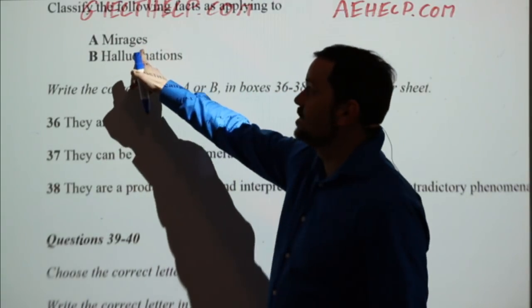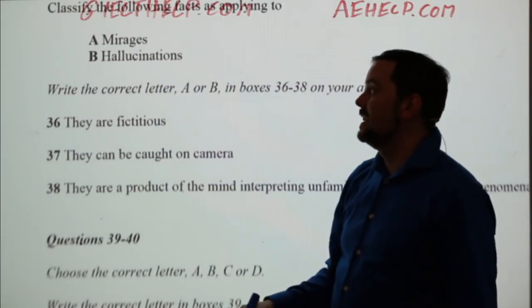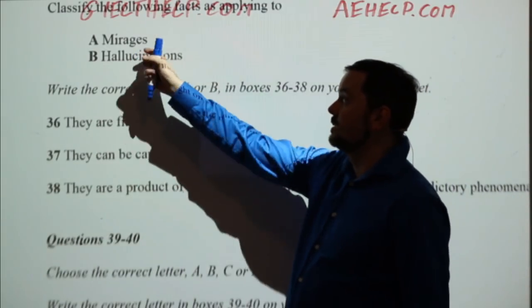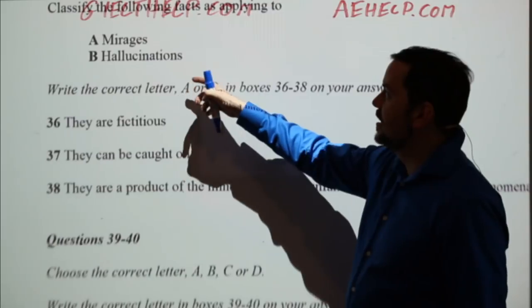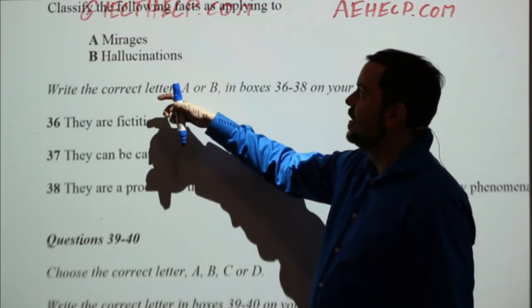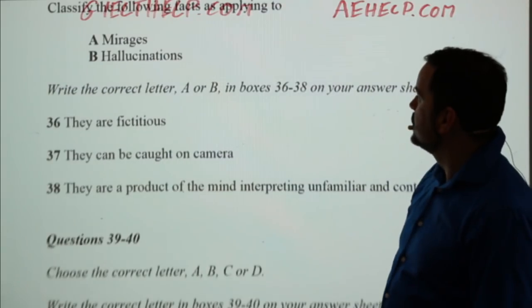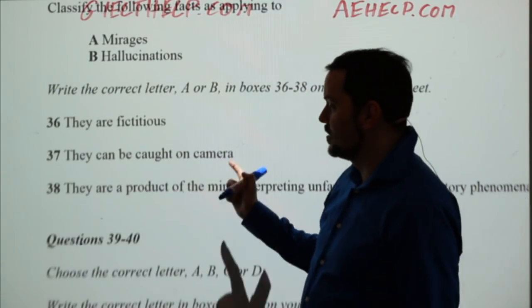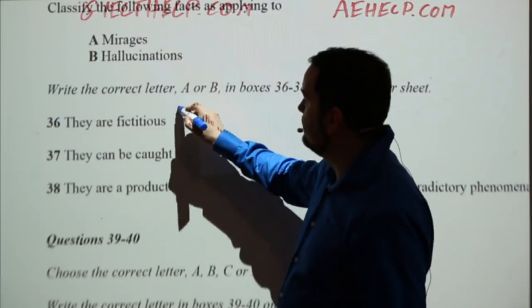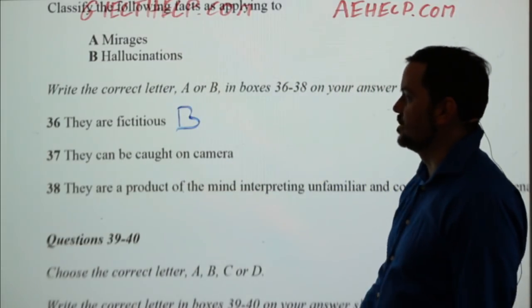So are mirages imagined? Hopefully you understood from the passage that they're not imagined. It's actually something happening there. Hallucinations, are they imagined? Yes, they are. So the correct answer here, because we don't have both, would be B, hallucinations are fictitious.